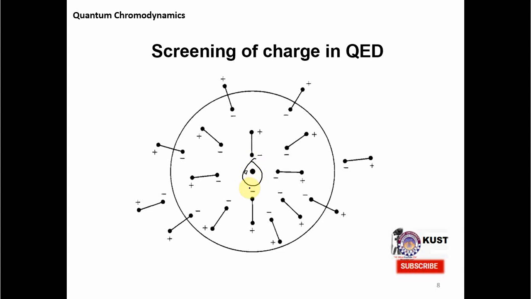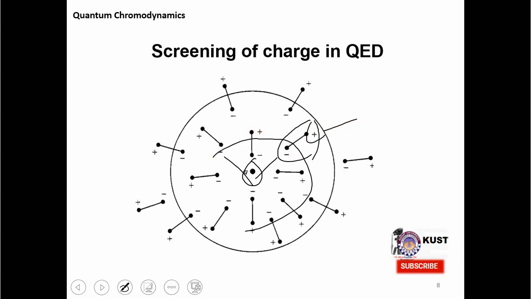Then what happens is that in the surroundings, all these molecules are polarized, and the negative pole is attracted towards the positive charge, and the positive pole is repelled, and somehow this charge is screened. This is called the screening of the charge. So if you are standing here, you will actually not see the charge from there, because it is screened away by the negative charges.